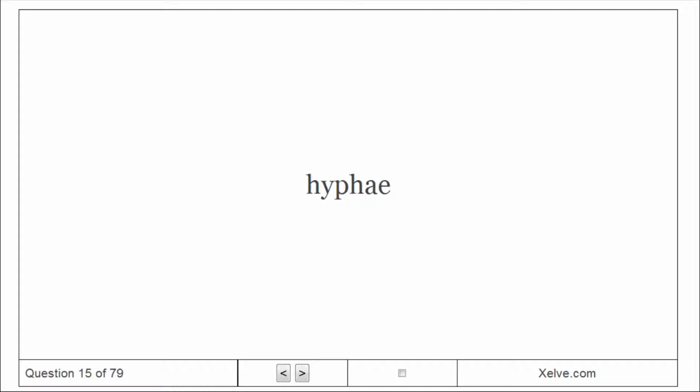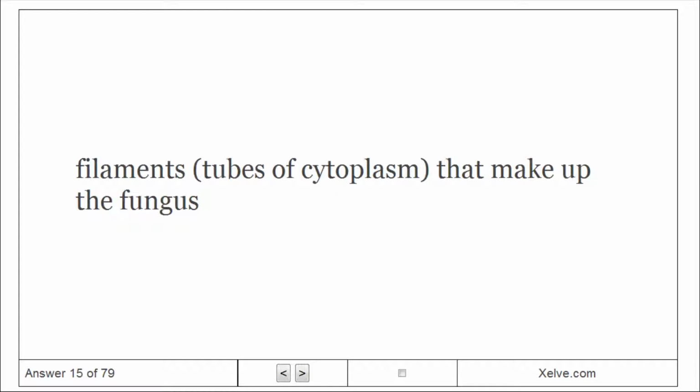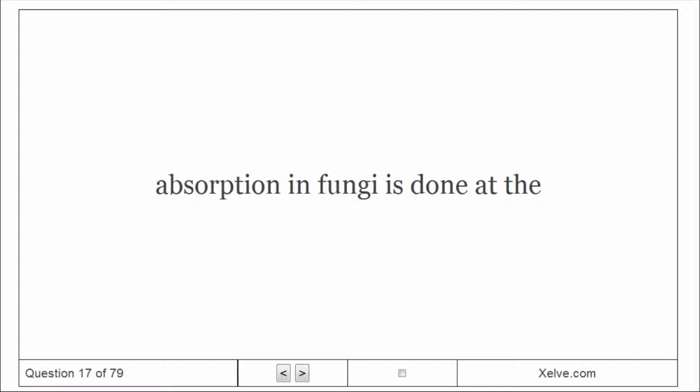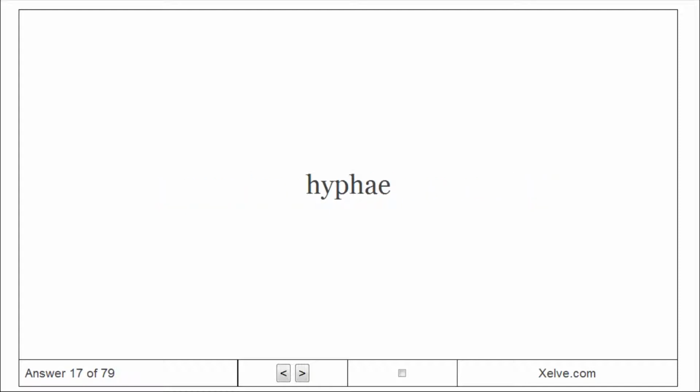Hyphae. Filaments that make up the fungus. Mycelium. Dense mat of hyphae. Absorption in fungi is done at the hyphae.